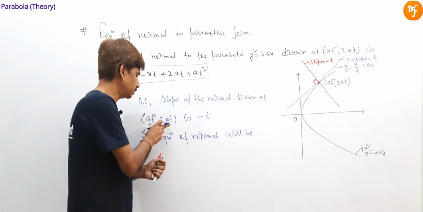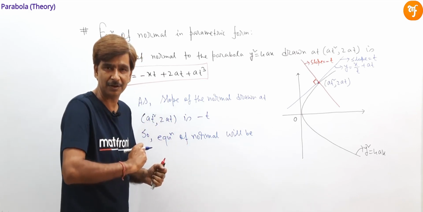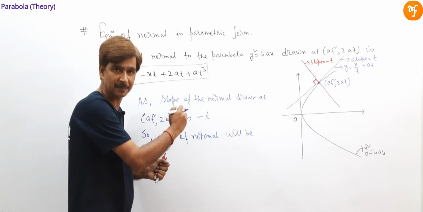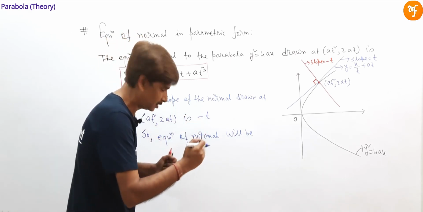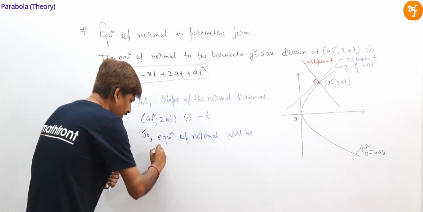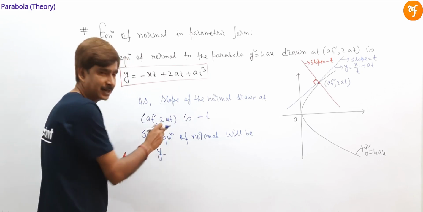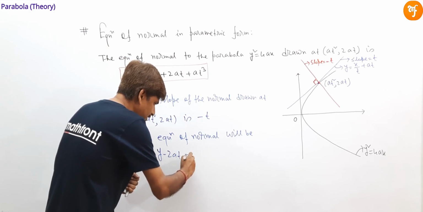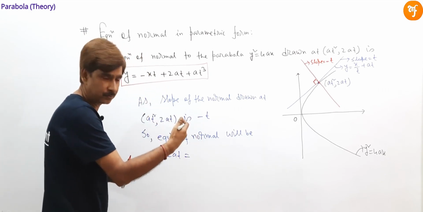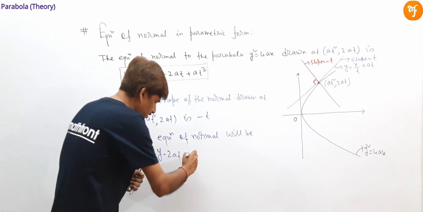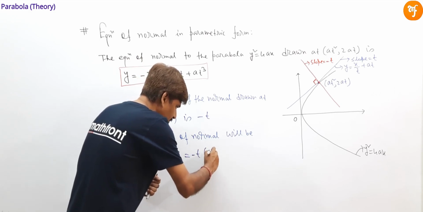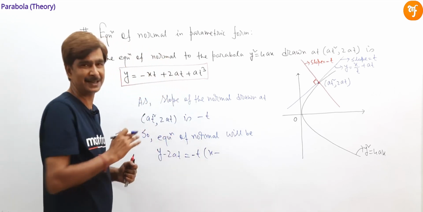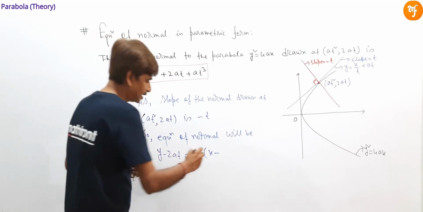The point through which the normal is passing is (at², 2at) and the slope is -t. So y - y1, here y1 is 2at, is equal to m, that is the slope of the normal, which is -t, into x - x1. Here x1 is at².